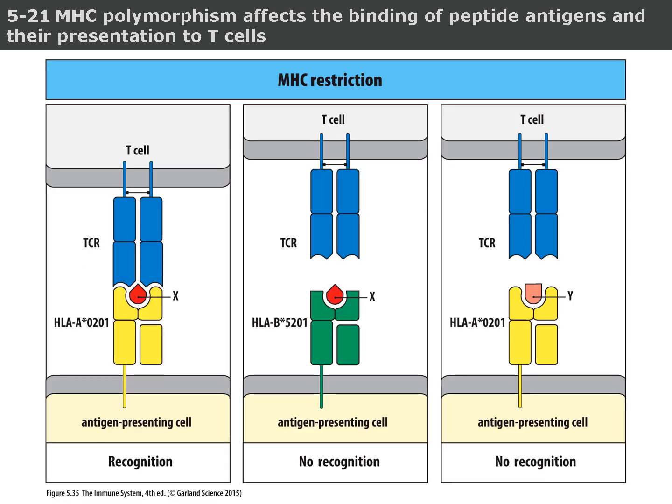This slide illustrates the concept of MHC restriction, how T cells recognize antigens only when presented by a specific MHC molecule. In the first panel, a T cell successfully recognizes antigen X when it is presented by the HLA-A*02:01 molecule on an antigen-presenting cell.